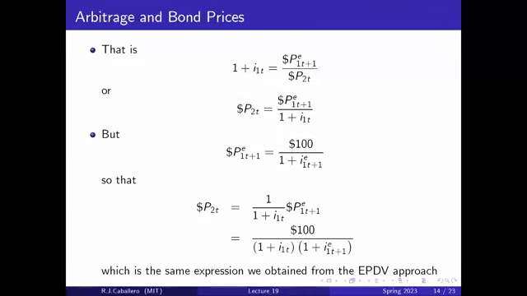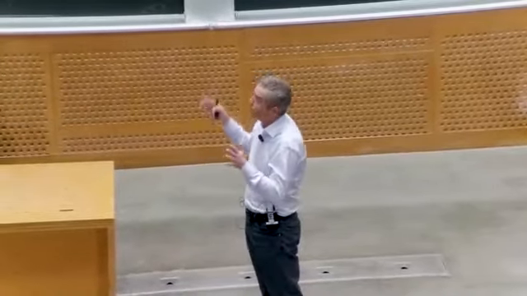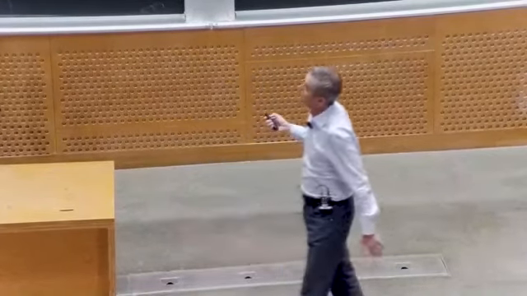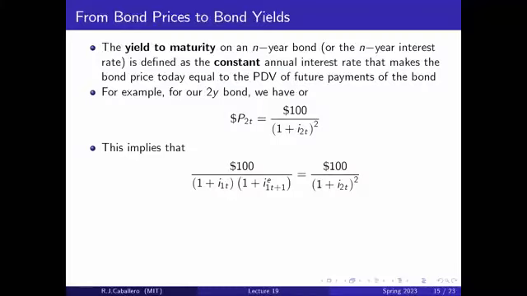And now I'm saying, suppose that I look for a rate that is the same in both periods that gives me the same price. That's the reason I have a subscript 2 here at time t. So what is the rate that, if I put a constant rate, so I have 1 plus i_2t times 1 plus i_2t, gives me exactly the same price as the one we already determined, okay? And that's what we call the yield to maturity, or the yield, which in this case would be a 2-year rate. If you hear what is a 2-year rate, it's that, okay?